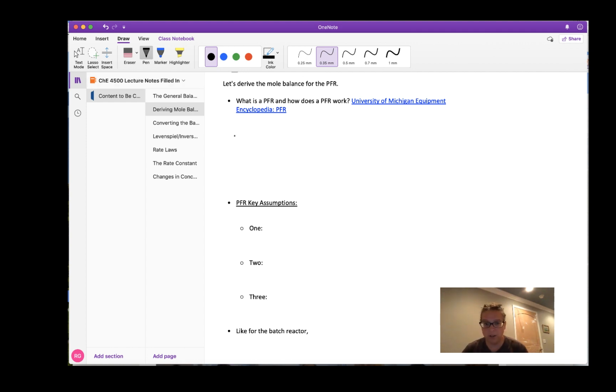So how does this work? This is a tubular reactor. Turbulent flow. This is also called plug flow, hence the name plug flow reactor.